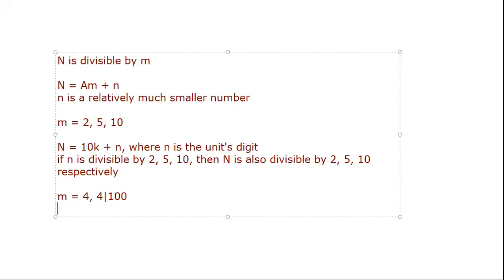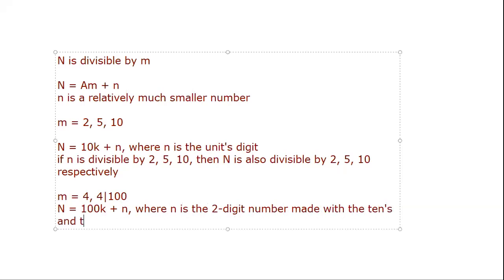So you want to write n as 100k plus n, where n is the 2-digit number made with the tens and the units digits. So if n is 3572, then small n will be 72.